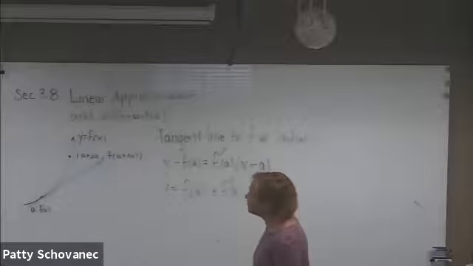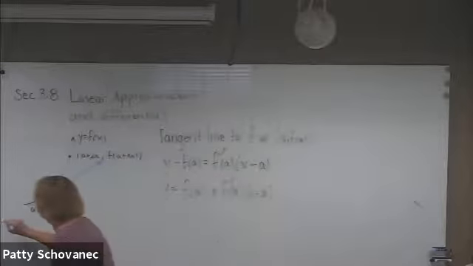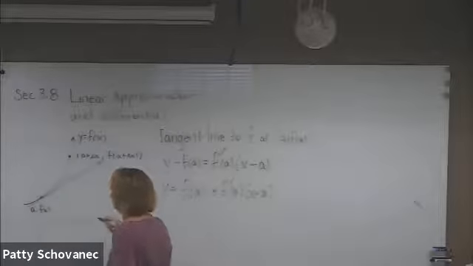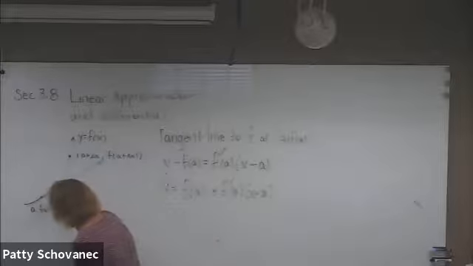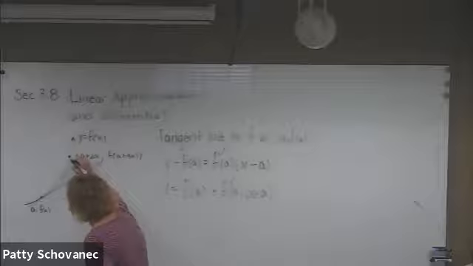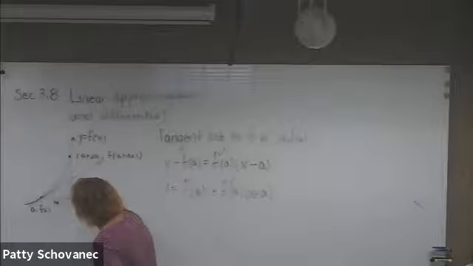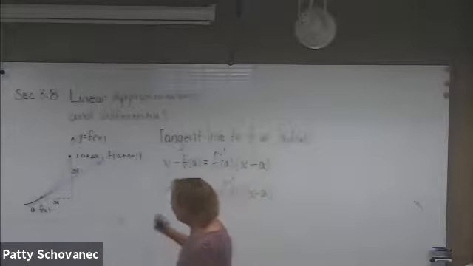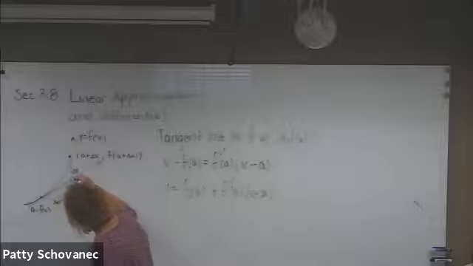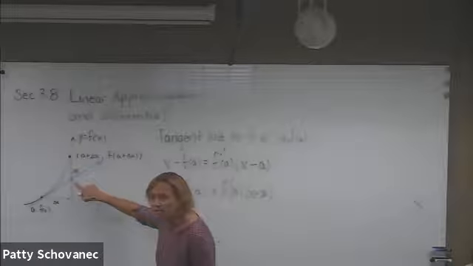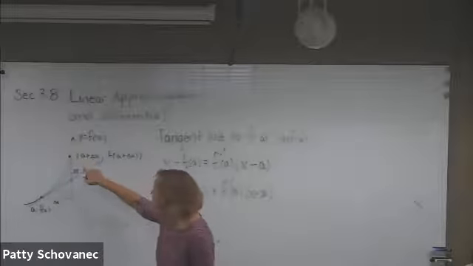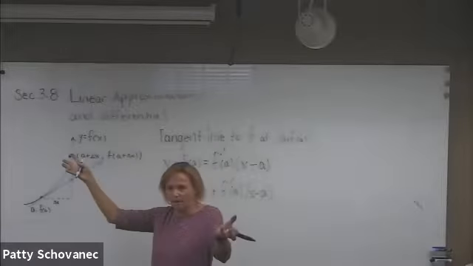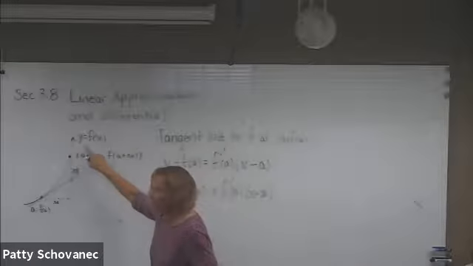And what we're going to use that for is, I have my x-axis here. This distance here is the exact change in x. This distance here is the exact change in y. We can use the point on the tangent line here to approximate a y value here. Suppose f has a very messy formula, and this might be a messy number.